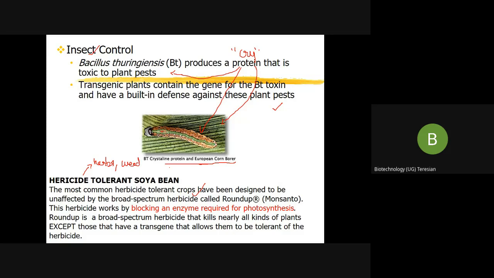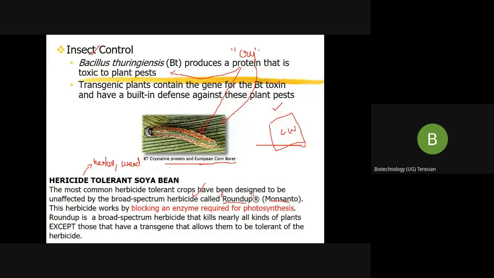So what they have done is, Monsanto is a company which has produced an herbicide which will kill the plants. Okay, that chemical or compound is known as Roundup. It is an herbicide. Now it is a broad spectrum herbicide. Broad spectrum herbicide means, if you put it in the field, for example, if this is the field, your crop plant is also there, your weeds are also there.